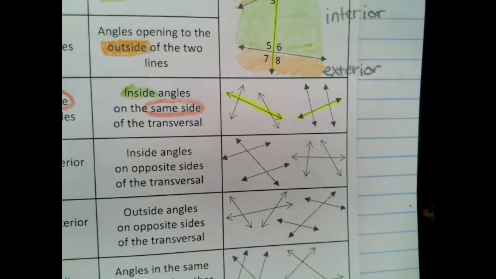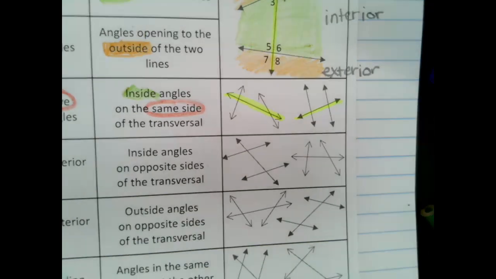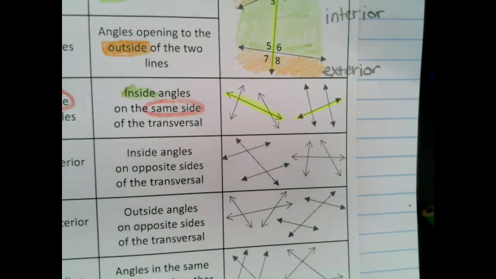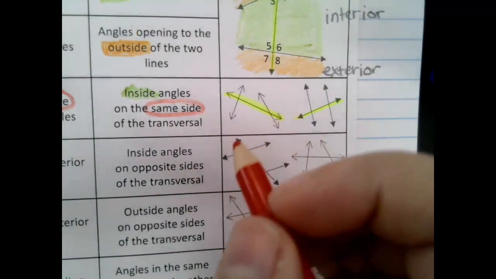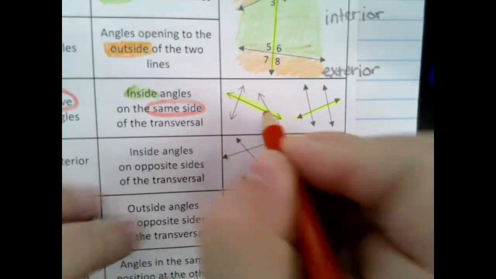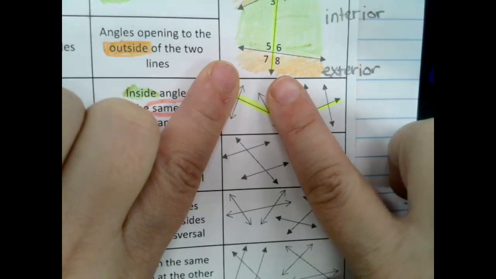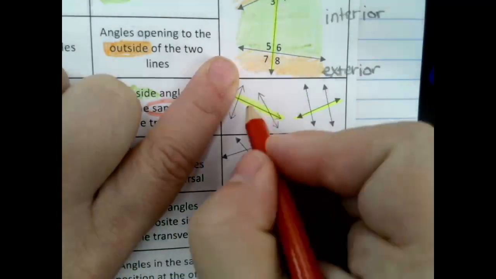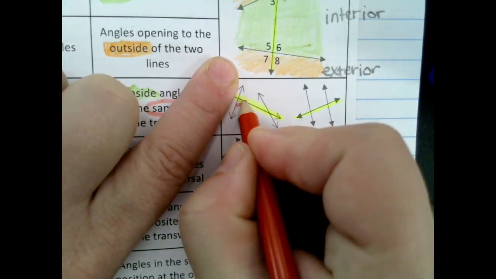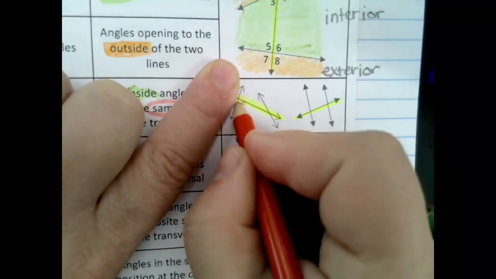If you'd like to use red, you can, or if your color pencil is kind of flat, maybe just use a pencil. Okay, so as we take a look at this, I'm looking in between the lines, so I'm only looking at those 4 inside angles. I'm going to pick one of the angles. Doesn't matter which one we pick to start. I'm going to pick this one here.